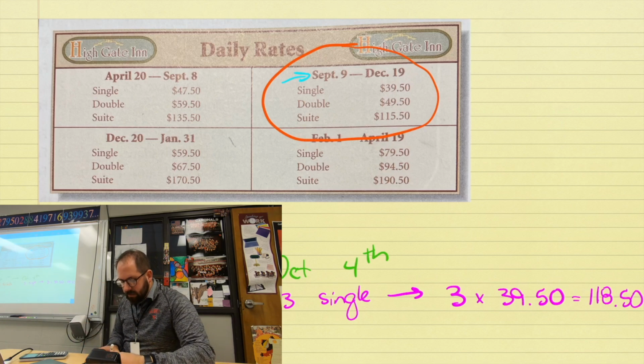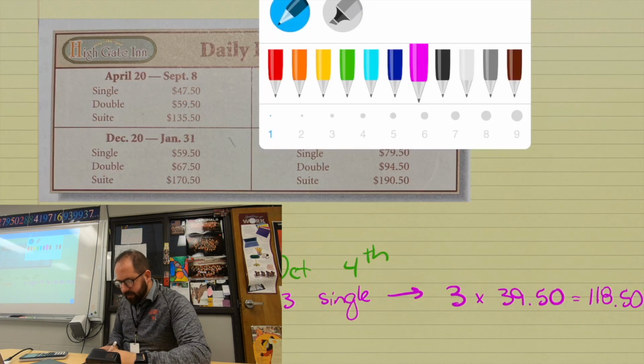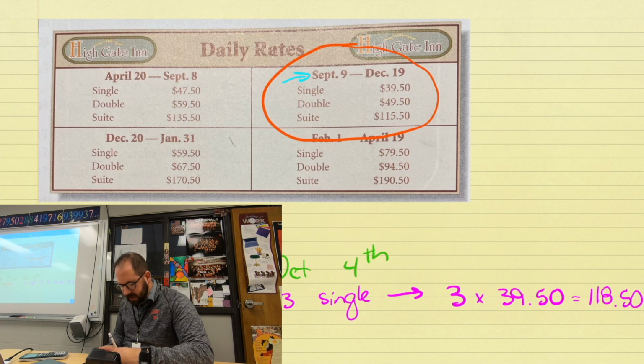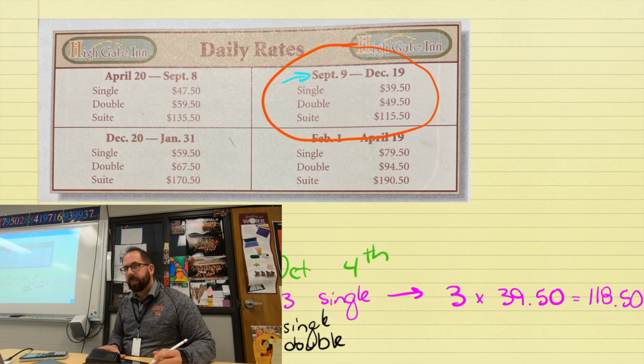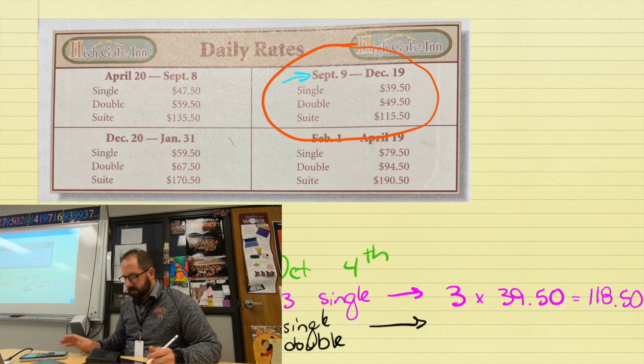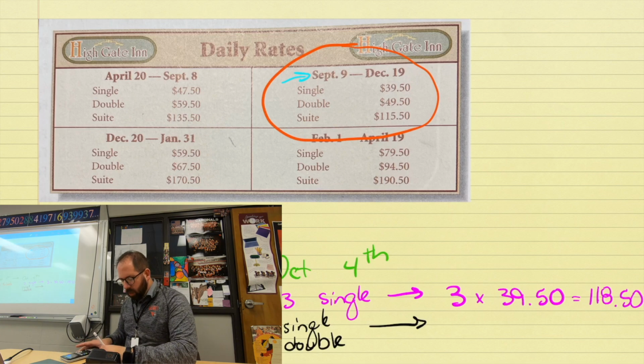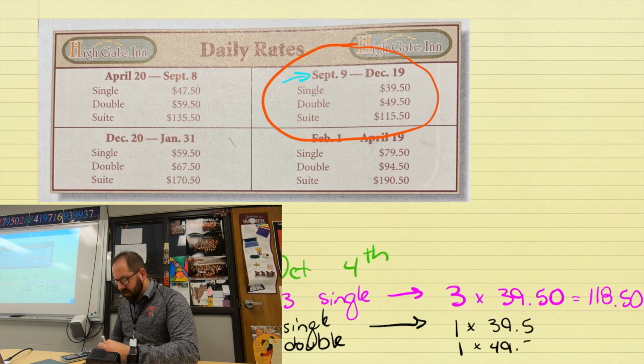Now, if you didn't like that number, fine. We can compare. Maybe instead of 3 singles, you're going to go with 1 single and 1 double occupancy room. 1 single, 1 double. So that means you're going to have 1 at $39.50, and you're going to have 1 at the $49.50. And so your total there, $39.50 plus $49.50.